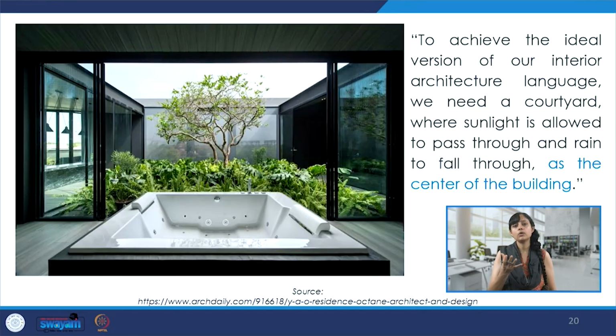And there is a profound emphasis on the courtyard, and we are talking about this interior architecture vocabulary. So again, focusing on the courtyard, the play of light and shadow, the entry of the sunlight, and when the rain falls, the falling of rain and its sounds, etc. All of those sensory experiences have been captured over here, and this forms the center of the building.